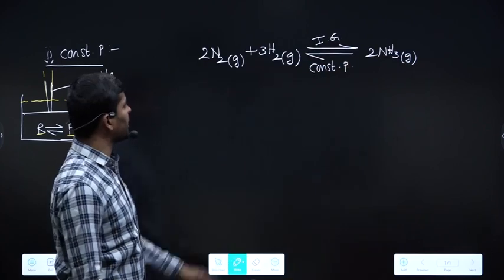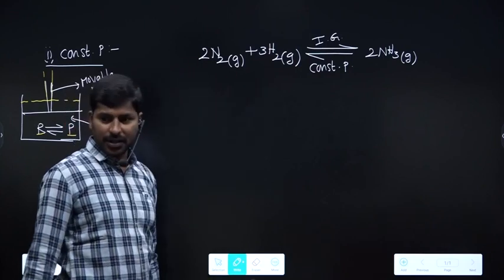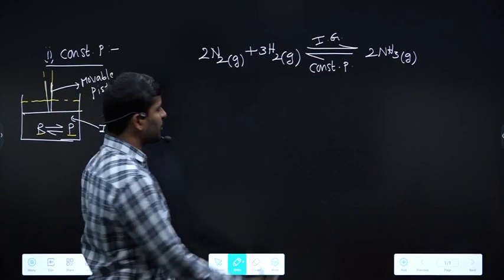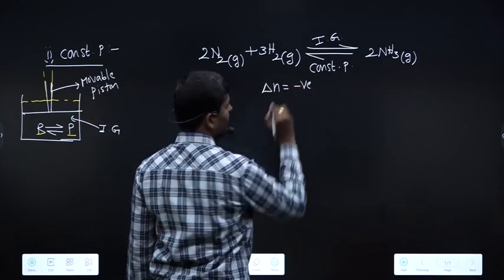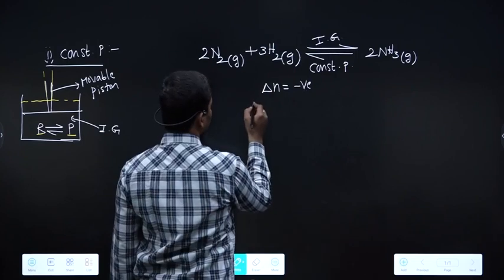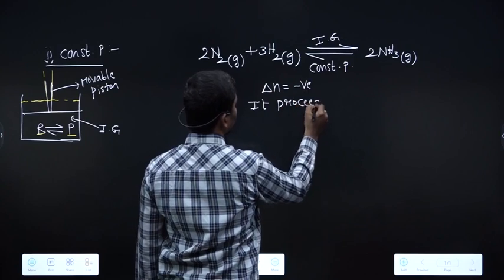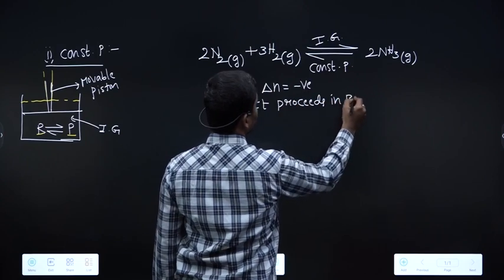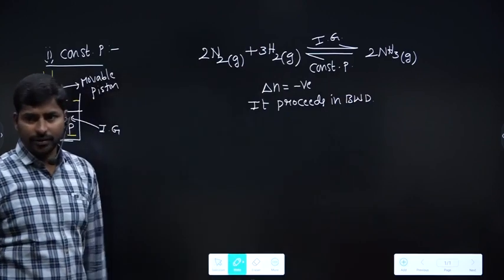It proceeds in which direction, Andy? Backward direction, where number of moles are increasing. Delta N positive or negative for this reaction? Negative. So it proceeds in the backward direction, the direction where number of moles increases.